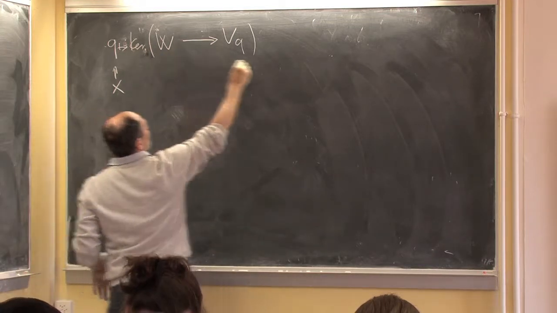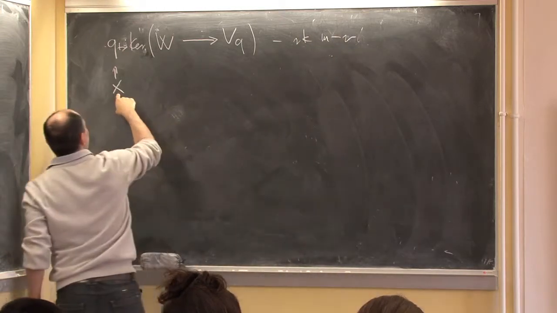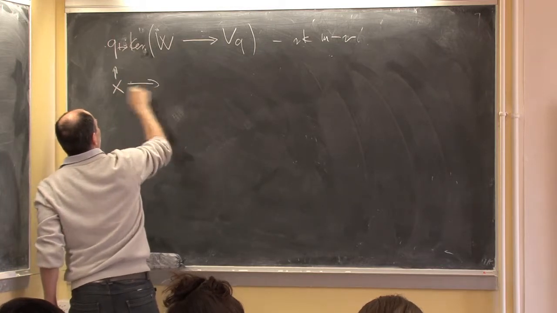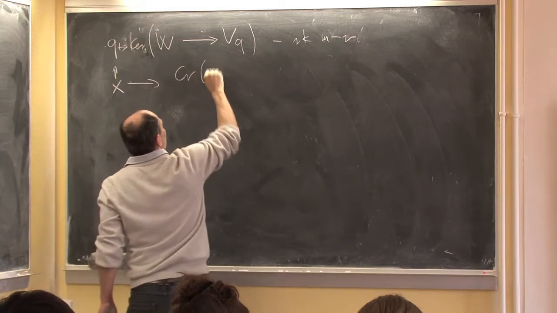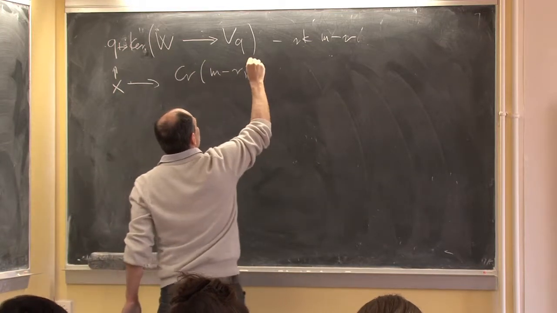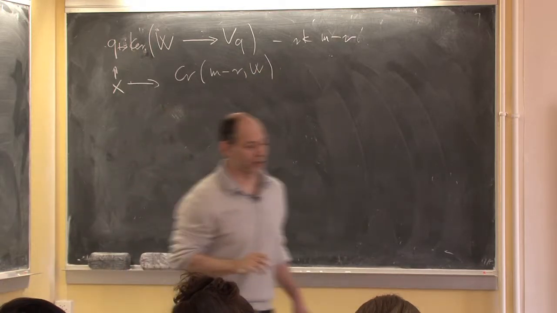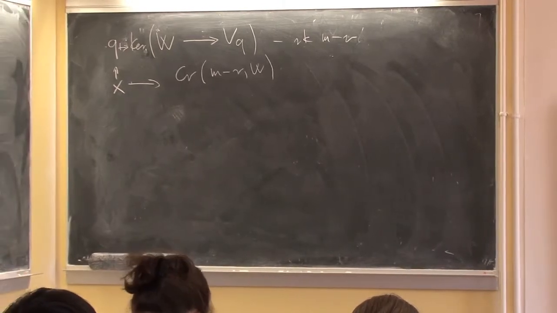So for each point X now I have a point in the Grassmannian of m minus r dimensional spaces in W. Okay, so this is what I want to construct, but I confused myself in one of the places.